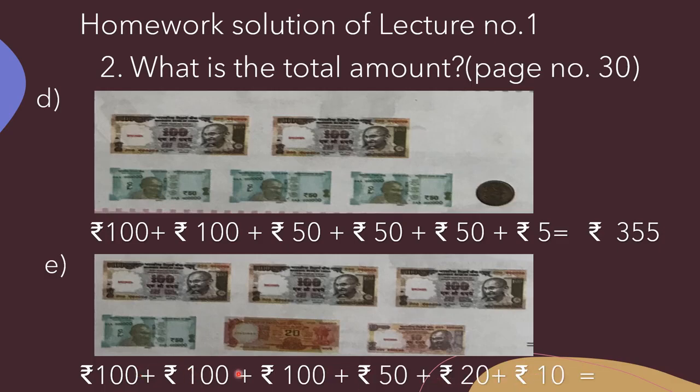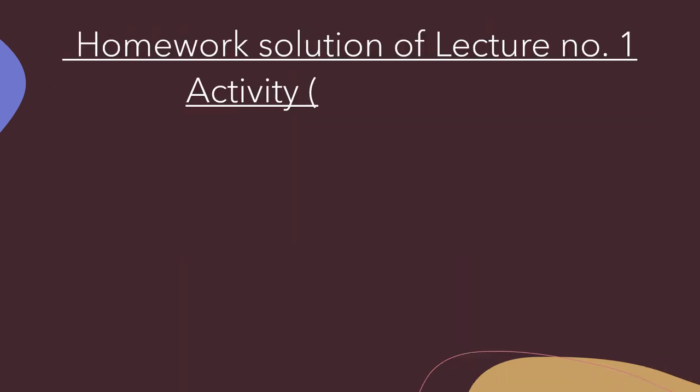So 100 plus 100, 200. 200 plus 100, 300. 300 plus 50, 350. 350 plus 20, 370. And 370 plus 10 is equal to 380. So here we will write the answer rupees 380. Understood beta?